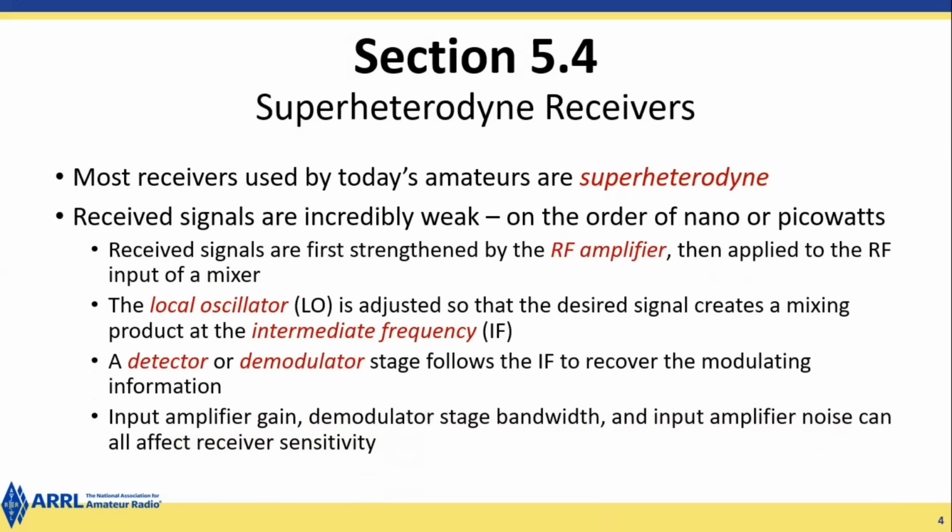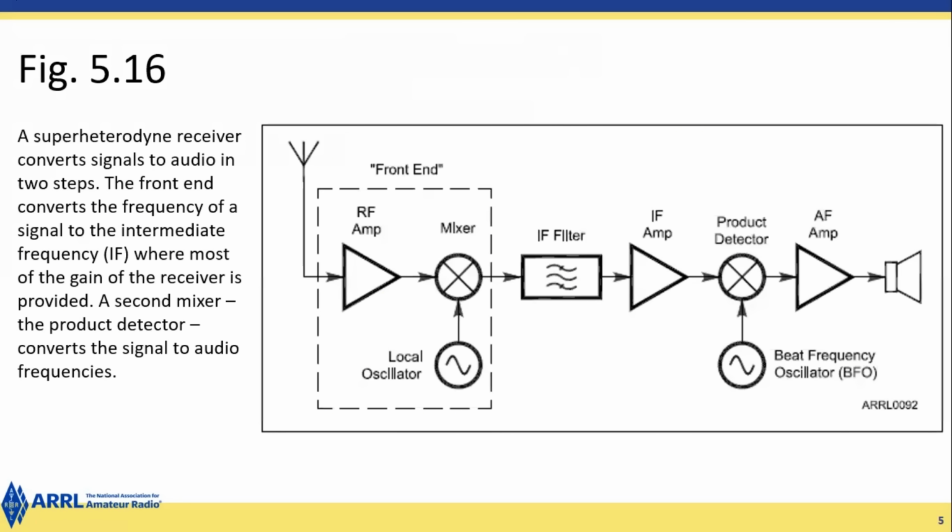A detector or demodulator stage follows the IF to recover the modulating information. Input amplifier gain, demodulator stage, bandwidth, and input amplifier noise can all affect receiver sensitivity. I'm going to repeat that: all those together and how you've got those set up can affect your receiver sensitivity.